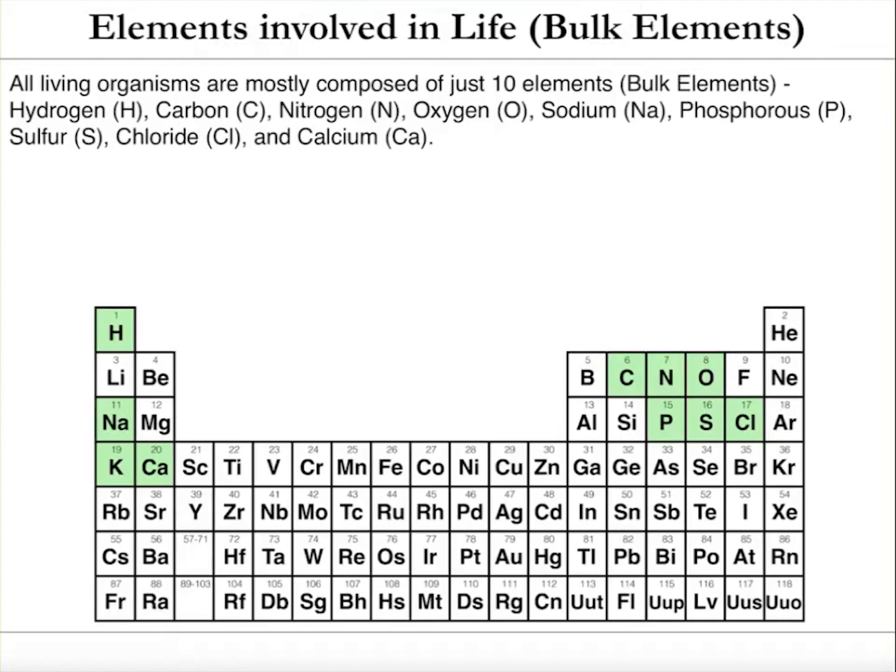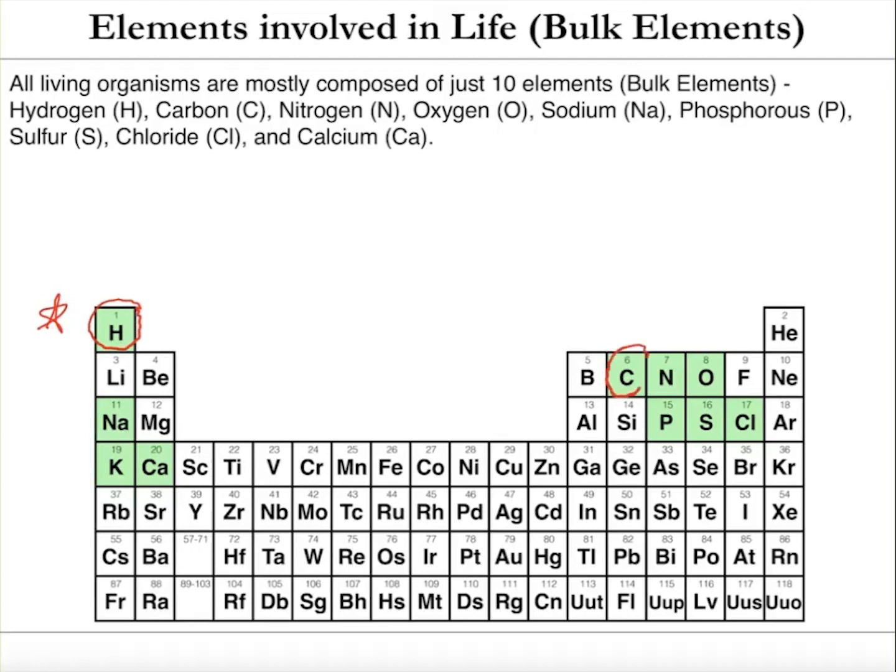So while the periodic table of elements lists over 100 different elements, all living organisms are mostly composed, and by mostly composed, I mean over 99% composed of just 10 elements, which are called the bulk elements. And so they're shown here on the periodic table in green. So we have hydrogen, which has a weight of 1. Then we have carbon.